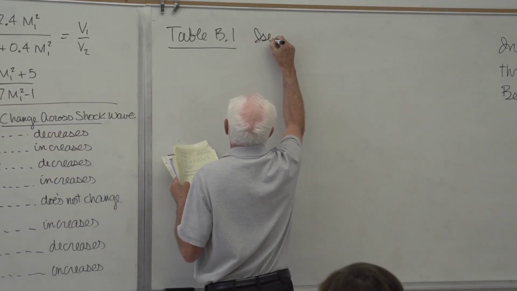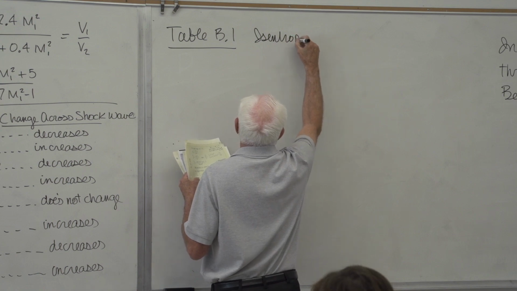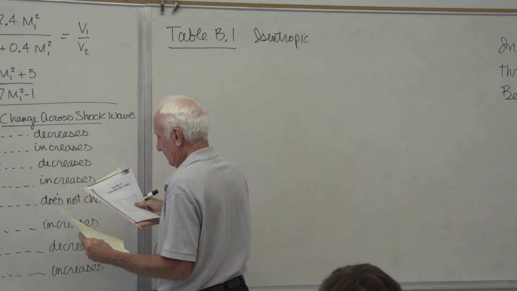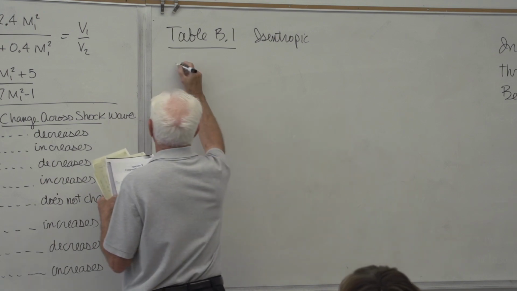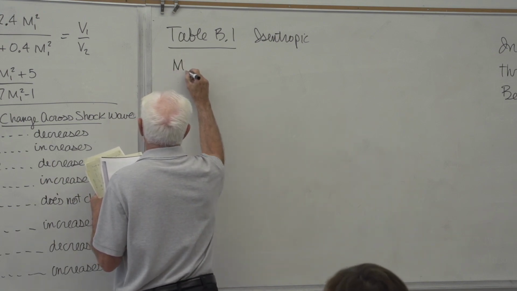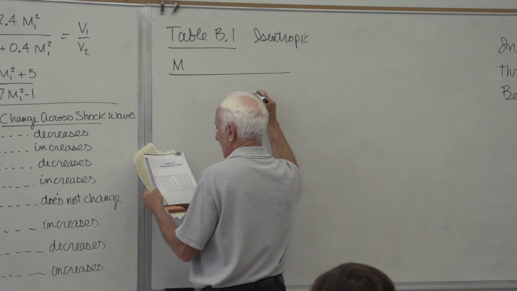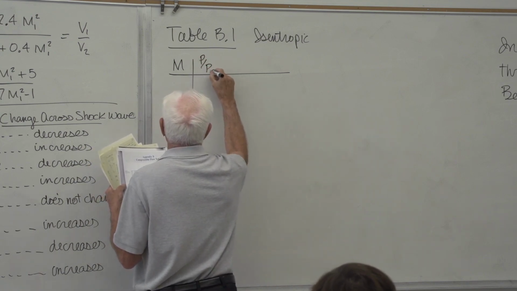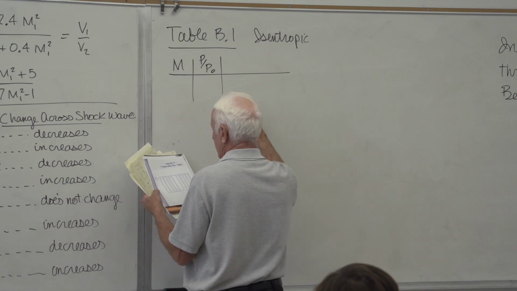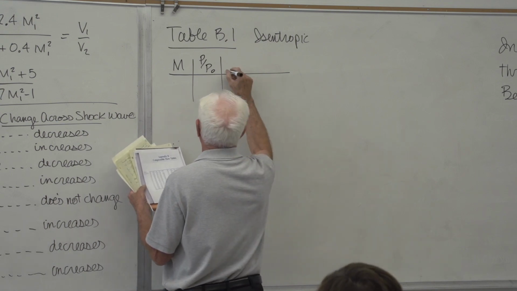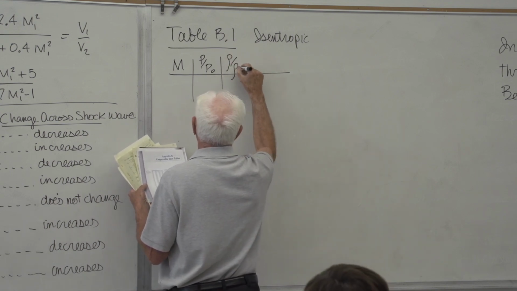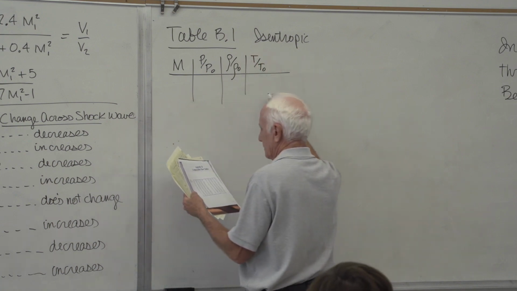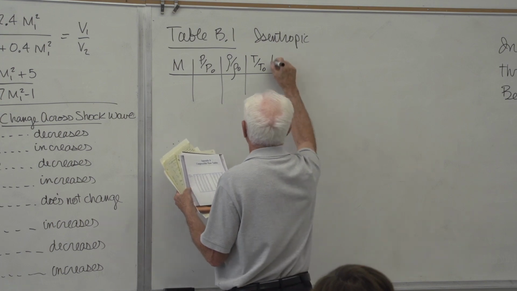Isentropic. Okay, so we have our table B1, a Mach number, and we have P over P naught, rho over rho naught, T over T naught, A over A star.